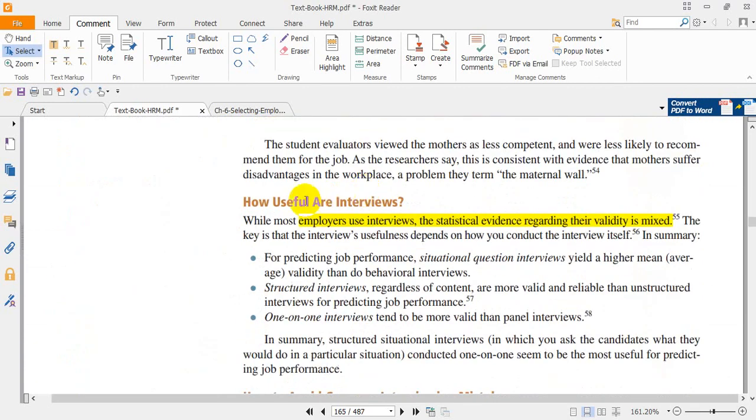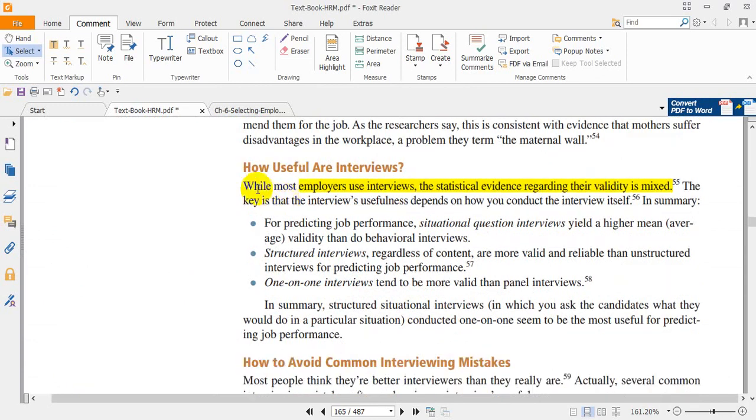Let's go to how useful are interviews. While most employers use interviews, the statistical evidence regarding their validity is mixed. The key is that the interview's usefulness depends on how you conduct the interview itself.